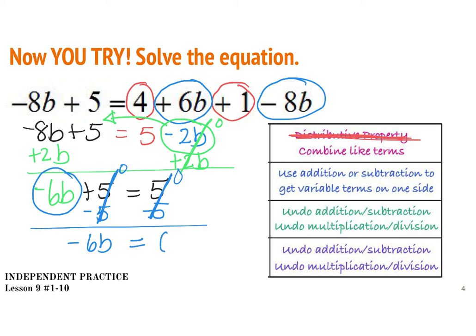So in this case, I will actually write the number 0. Then I will isolate my variable by undoing multiplication. So I will divide by negative 6. 0 divided by anything will always give you 0. So b equals 0 is the answer.